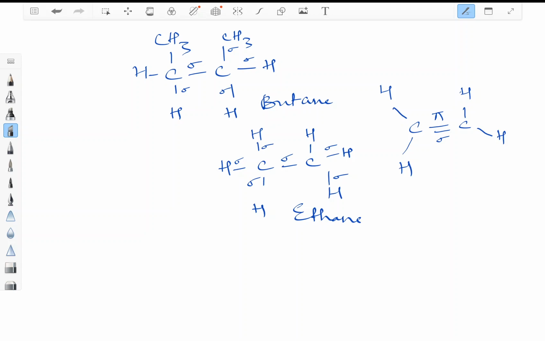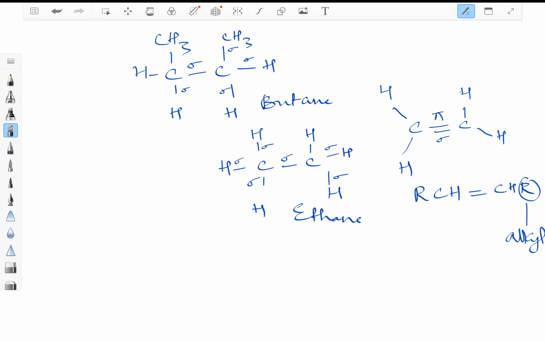There is one more possibility also, it can be R, CH, double bond CH, R. R can be any alkyl group. So what we were discussing here is, in case of alkanes and alkenes, the basic difference was that alkanes had sigma bonds and alkenes have pi bonds.